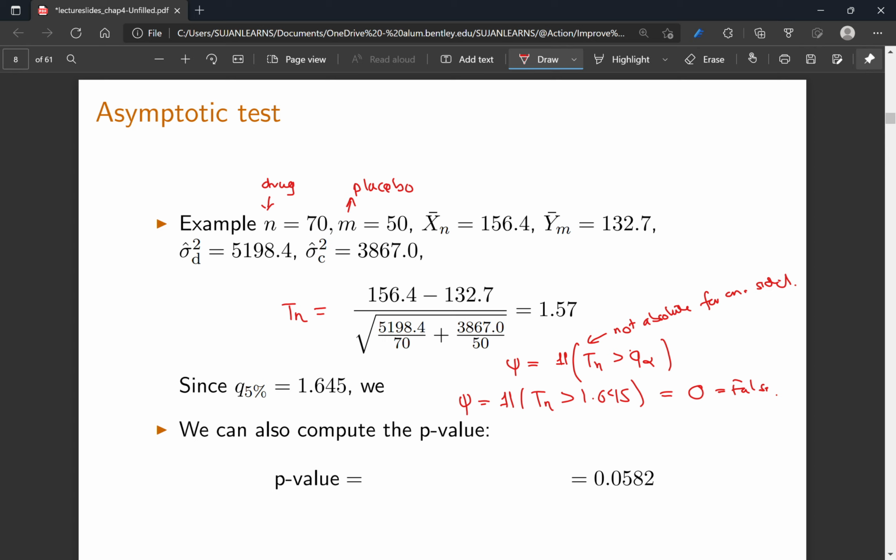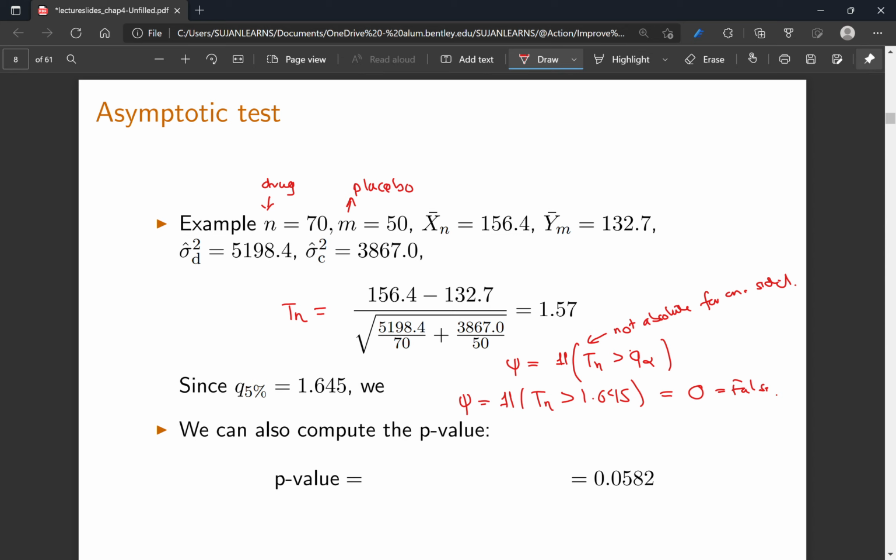Now, at the 5% level, let's compute the p-value. How do you compute the p-value? The p-value is the minimum alpha at which we can still reject the null hypothesis.